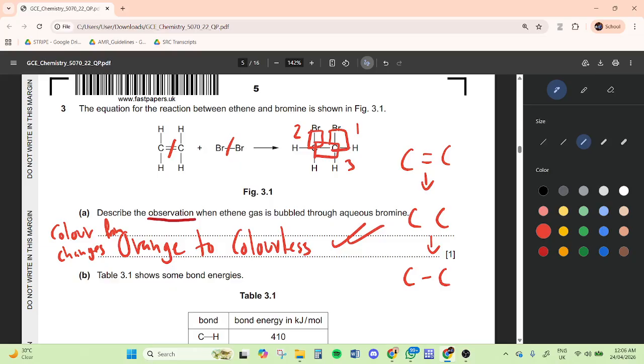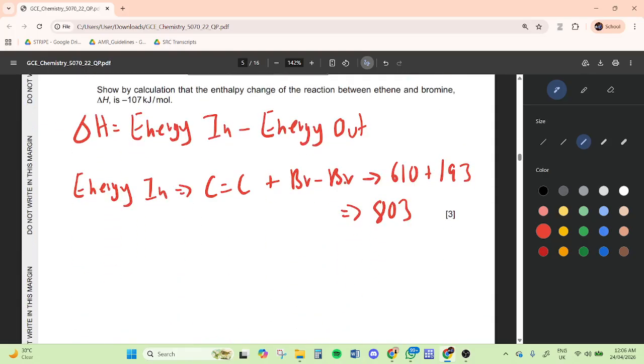That makes it easier to understand why, because you're not just breaking one bond over here, you're breaking these 2 bonds and you're forming a new bond entirely. So there's 3 new bonds being made.